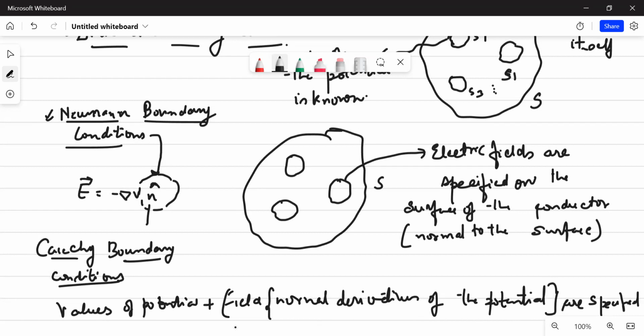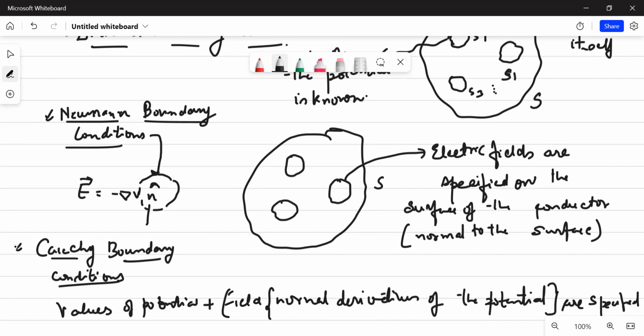If values of potential and values of the normal derivatives of the potential are specified, such boundary conditions are given the name Cauchy's boundary conditions. Okay.